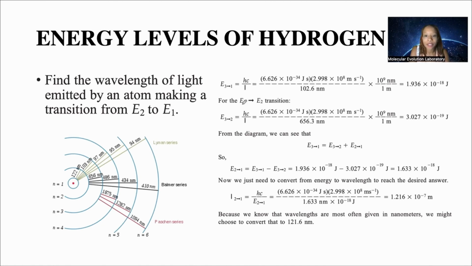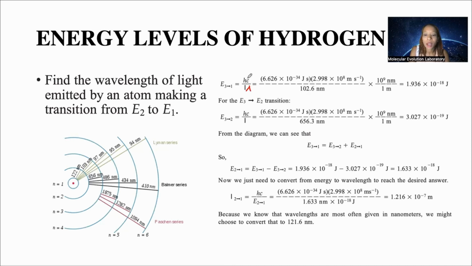So again, you'll have to find the energy emitted by a photon, which is Planck's constant times the speed of light divided by the wavelength, and we were given two wavelengths in nanometers.